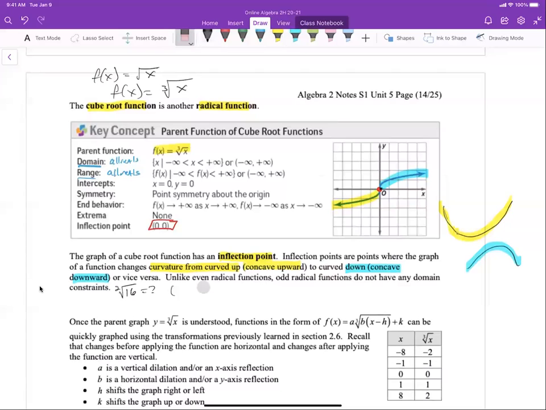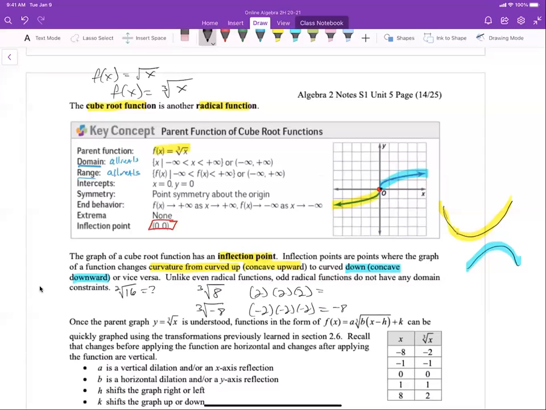So that's why 4 is equal to the square root of 16. If I ask you what the cubed root of 8 is, what number multiplied by itself 3 times is equal to 8? Well, that is 2. 2 times 2 times 2 is 8. If I had negative 8, I can have negative 2 as an answer because that will give me negative 8.